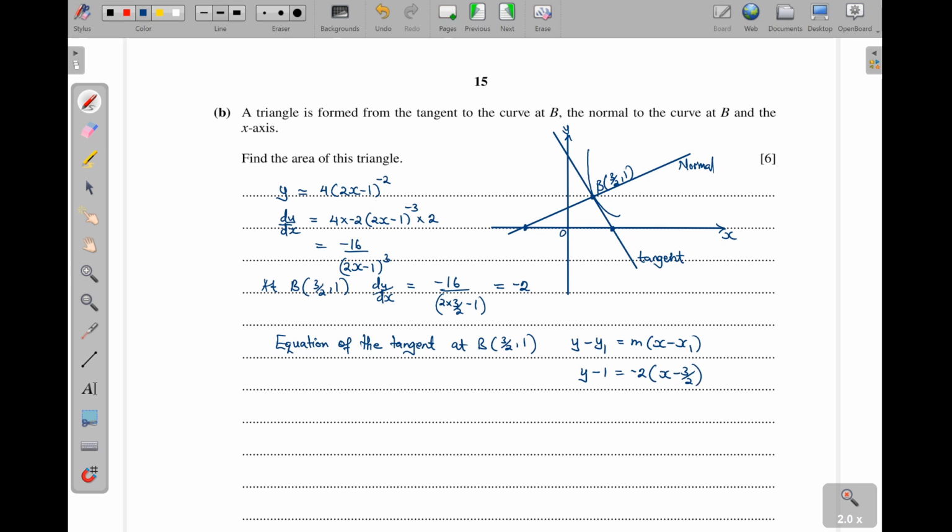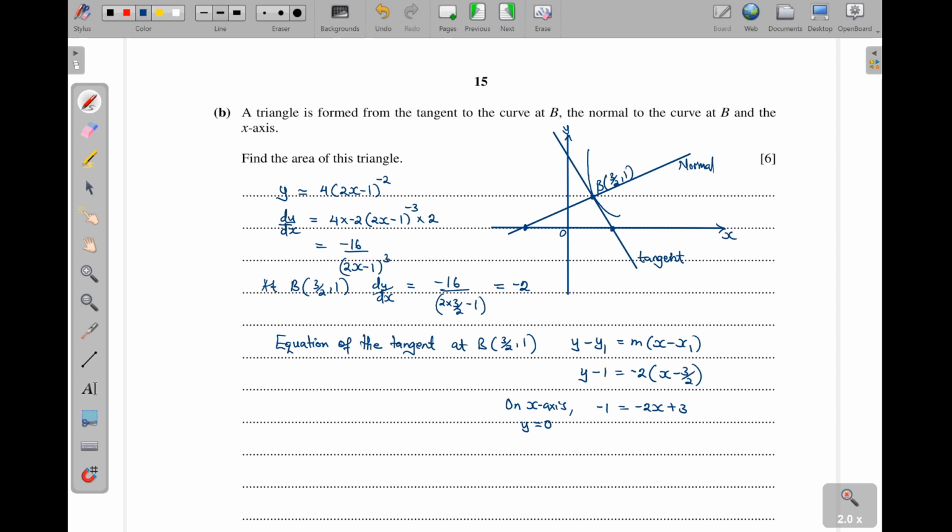Okay, now on the x-axis, because we need to know where it cuts the x-axis. On the x-axis, y is equal to what? 0. So that means here we shall have negative 1. Then when we open the brackets, this will be negative 2x, then plus 3.